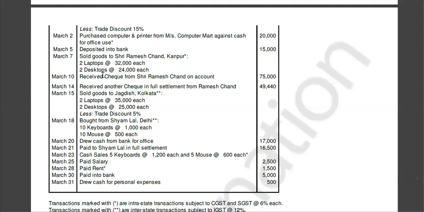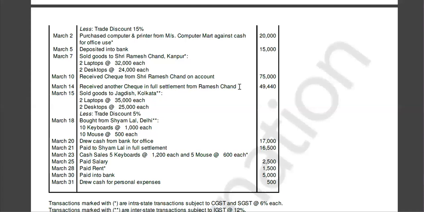So March 10, received cheque from Sri Ramesh Chand on account. So this is under cash book. We received a cheque. We have to enter it under cash book in the bank column. March 14, received another cheque in full settlement from Ramesh Chand.